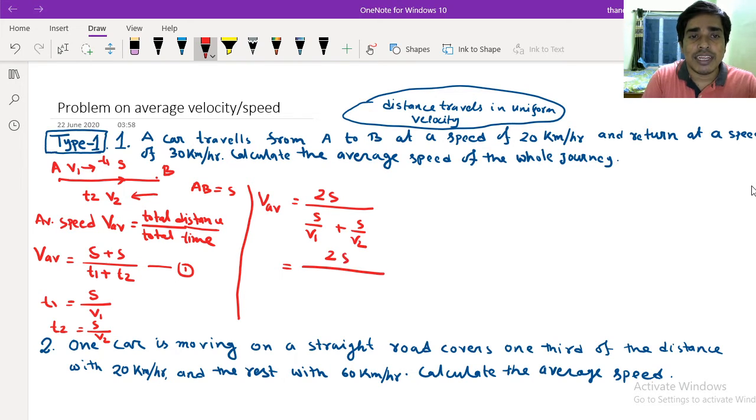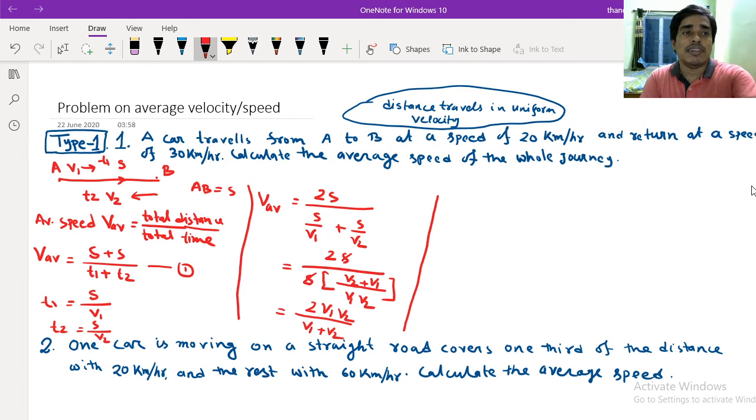Here s is common, so s will cancel out, and V average equals 2 v1 v2 divided by v1 plus v2. This is the formula for getting the average speed in this type.